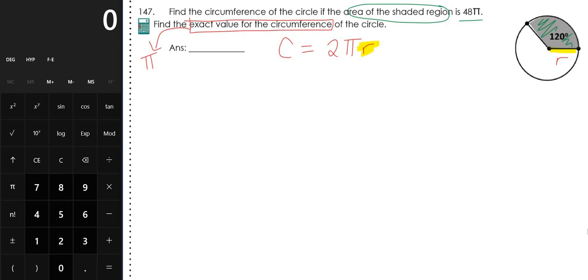So let's think. How do you get area of a shaded region? Well, we just did it before in the previous problem. To get area of a shaded region, we do the degree measure over 360 times area of a circle, and that gives us the shaded region.